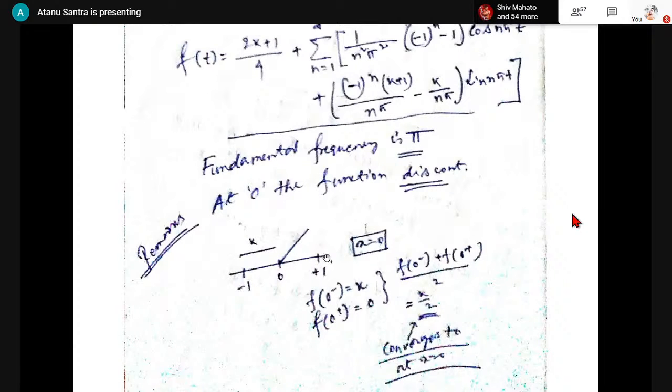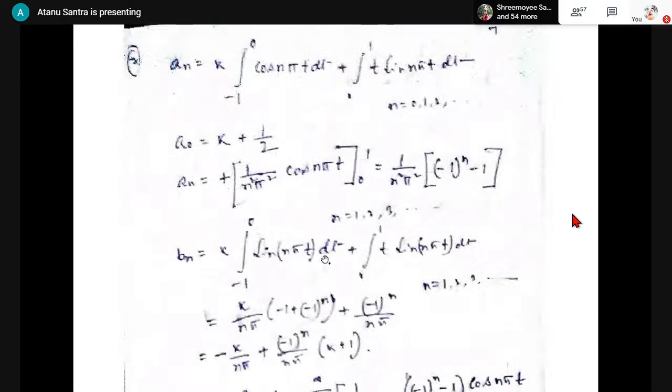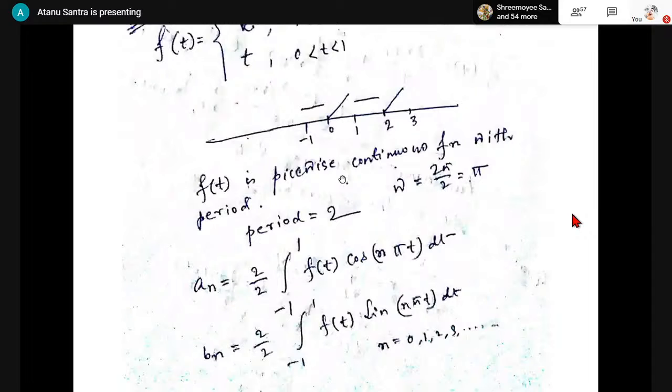If we talk about t is equal to 1, if we go upward, then you may see at the point t is equal to 1, this is also a point of discontinuity, right? So the convergence takes place at the point t is equal to 1, the value will be f of 1 minus plus f of 1 plus divided by 2.